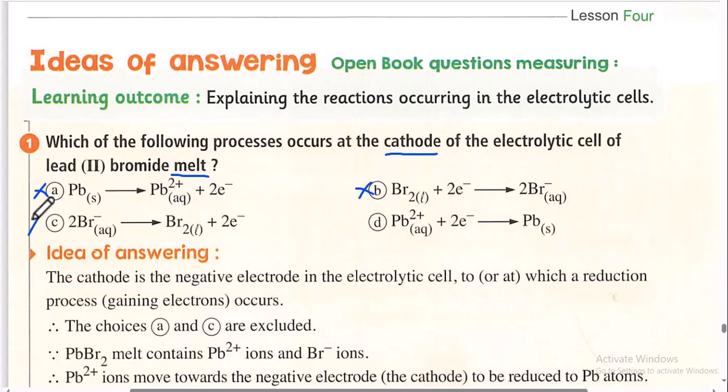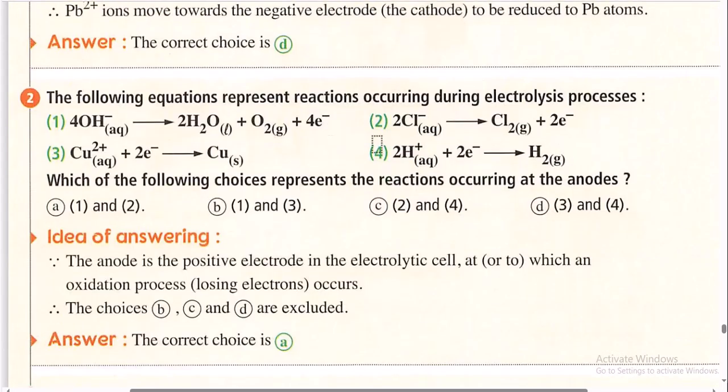Here, lead positive 2 is reduced on the cathode to lead 0 solid, and this is the correct answer. Cations, positive ions, go to the cathode and are reduced by 2 electrons to form lead 0 solid.